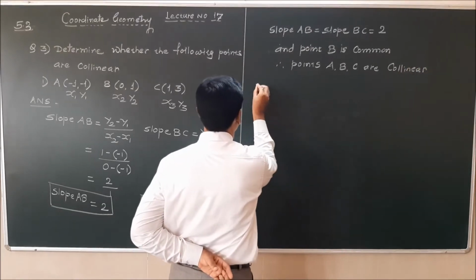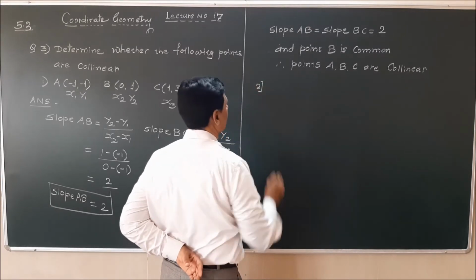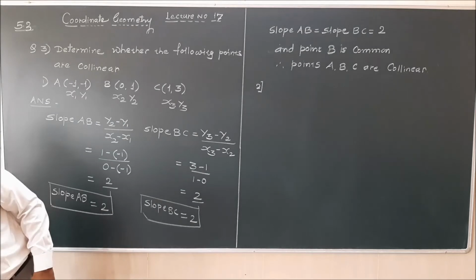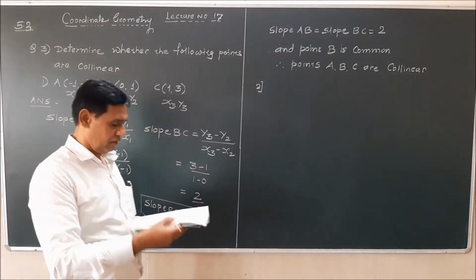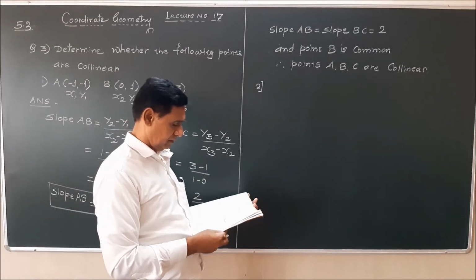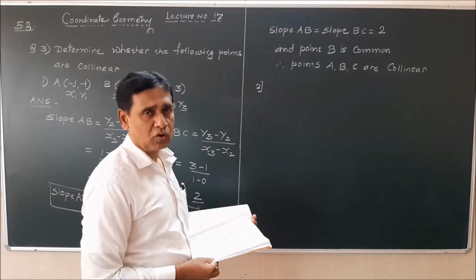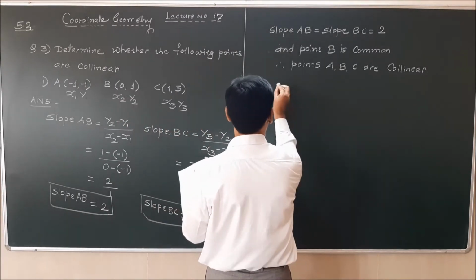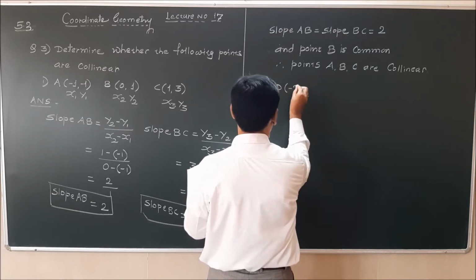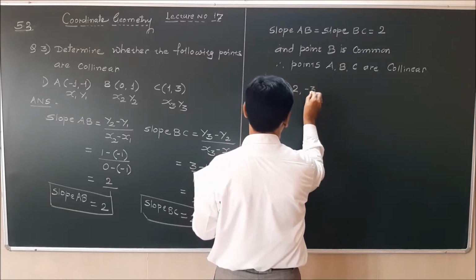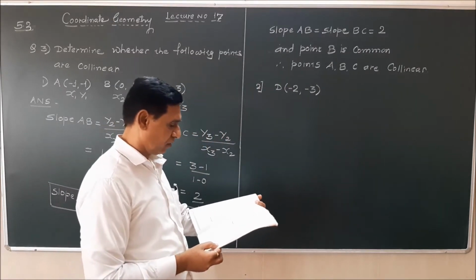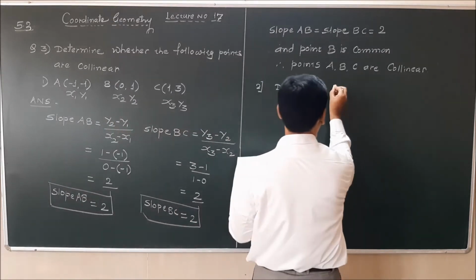This is the first one. Now the second one, same way we do. For the second one, D is minus 2 comma minus 3. Next to that is E, 1 comma 0.